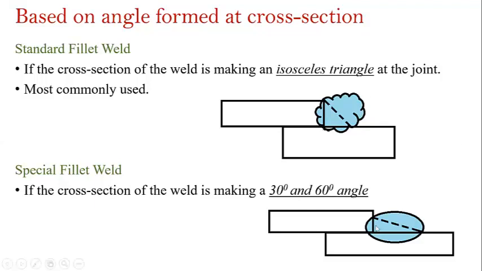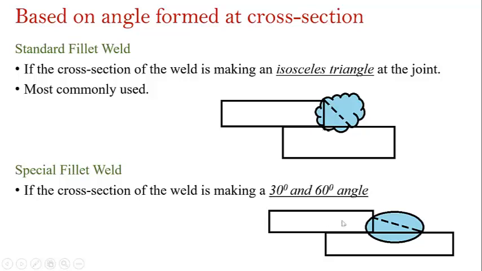See, here you can observe the angle. When the angle is forming from the top end to the bottom end, then it is called a standard fillet weld. So in standard fillet weld, the angle is starting from the corner portion or the edge of the second plate to the other plate. So this is called the standard fillet weld, where you find an isosceles triangle.